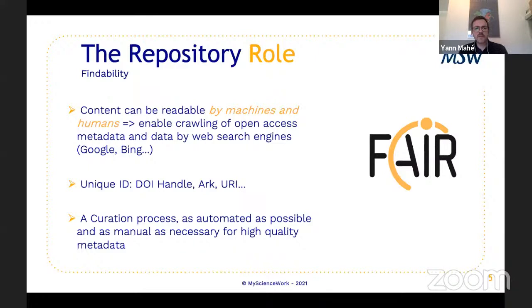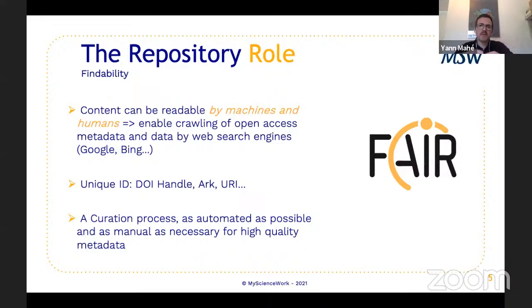So here, repositories play three different roles, I would say. The first one is that the repository can be linked to, for example, Crossref to generate this unique ID for an article, but it could also be a permanent URL, a sustainable URL like a handle or ARK ID or another thing. The second role is that the repository can be a kind of hub for unique IDs.